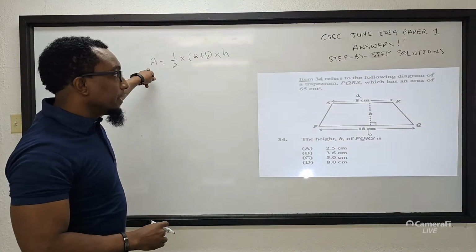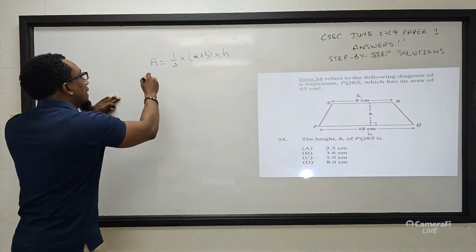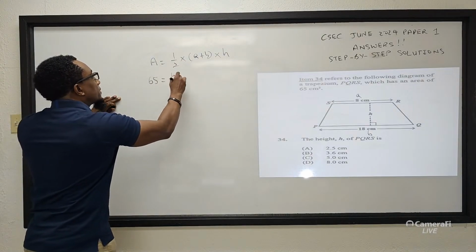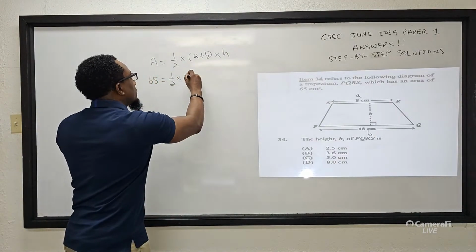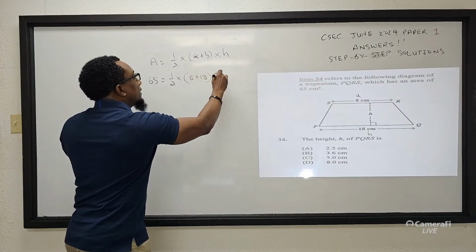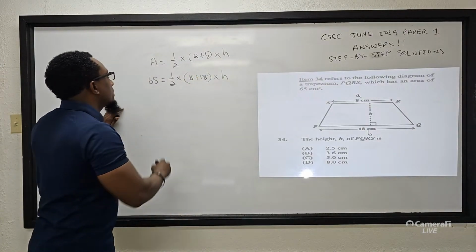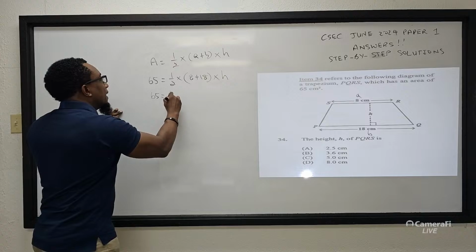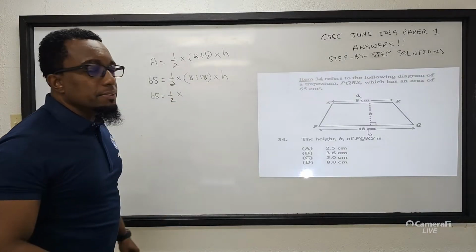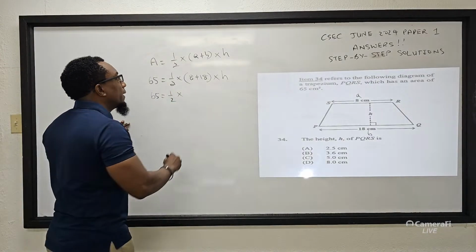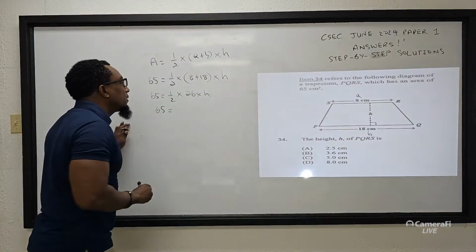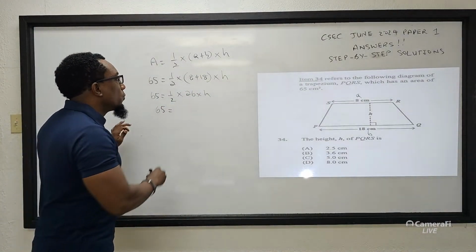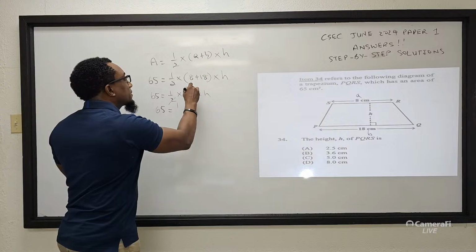So they want us to find H. We know that the area of this trapezium is 65 cm squared. This is a half times the sum of the 2 parallel sides, 8 plus 18, times H. So 65 is a half times 8 plus 18, which gives 26, times H. 2 into 2 is 1, 2 into 26 is 13.